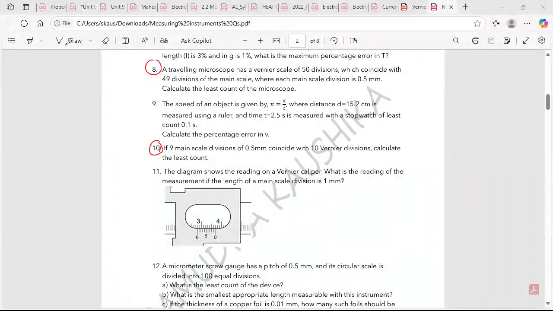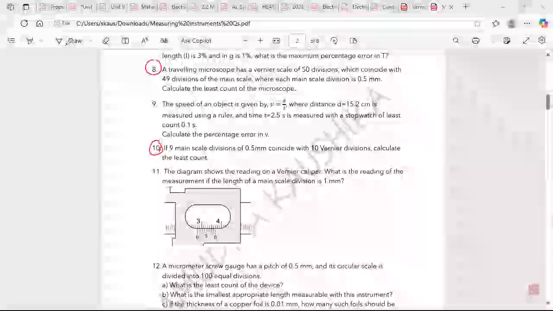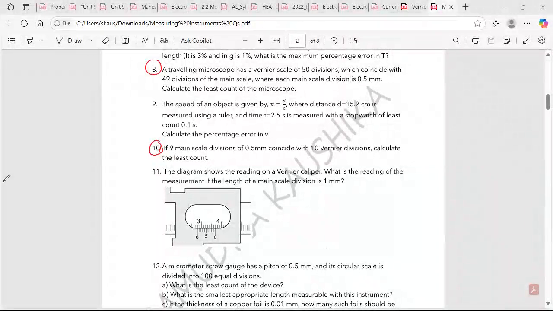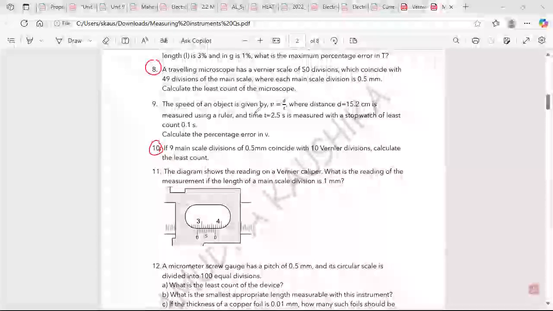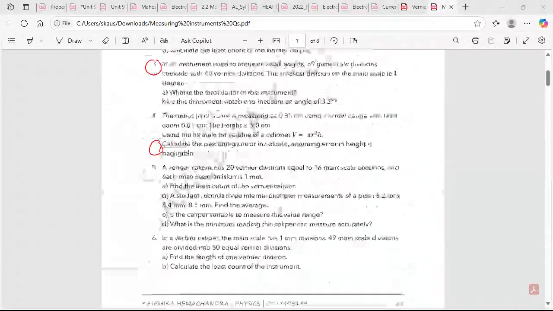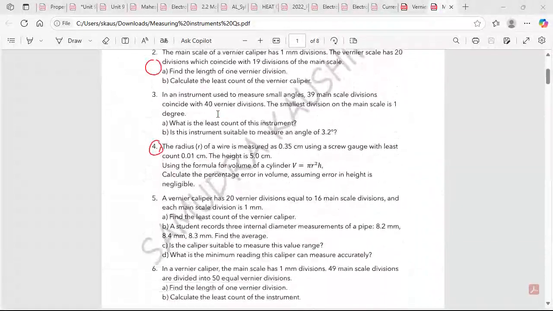I'll tell them. 5, 6, 8, 10, and also the modified version of the second one.